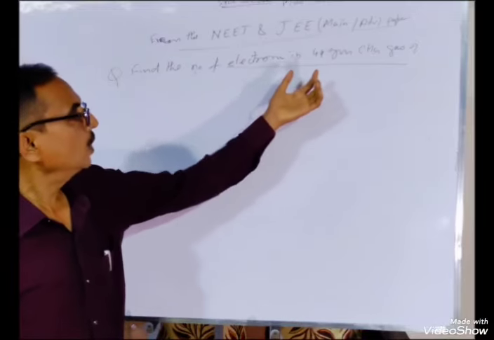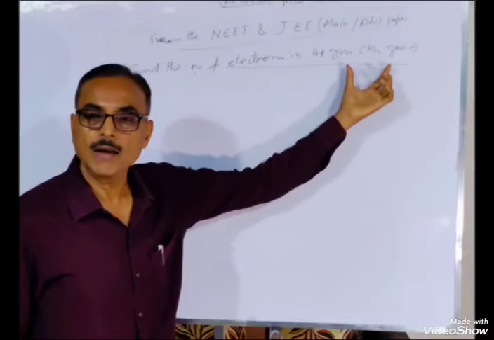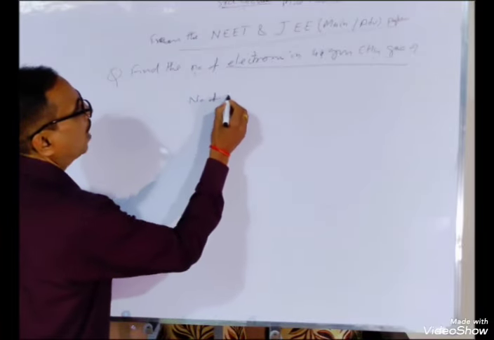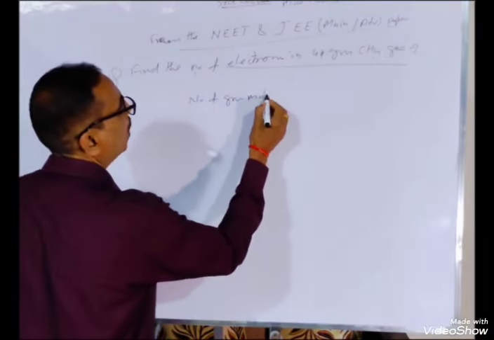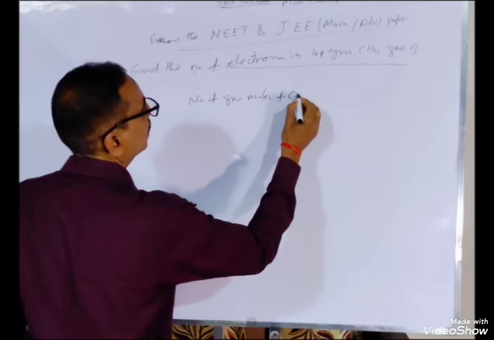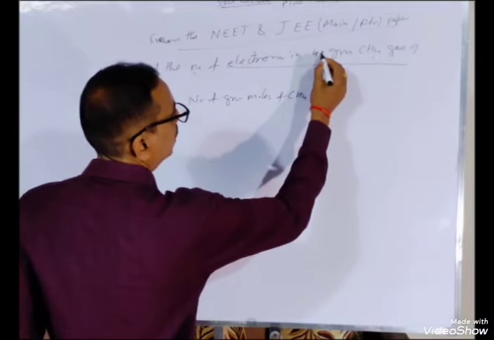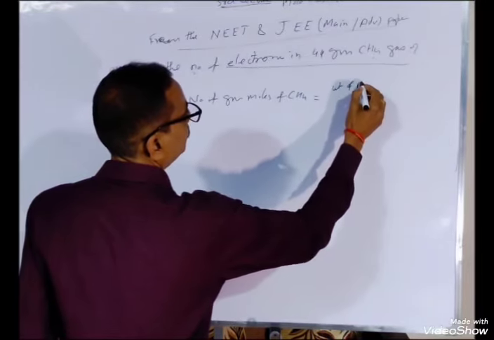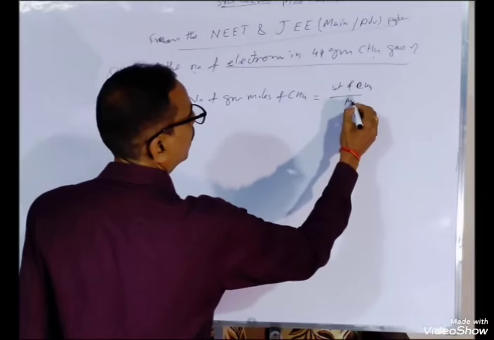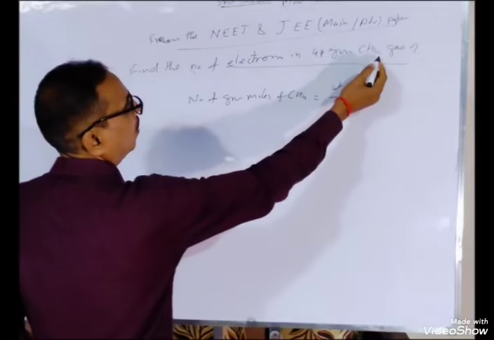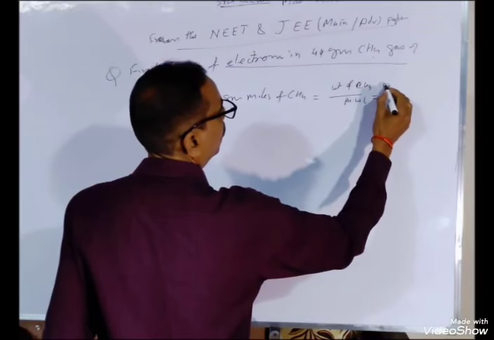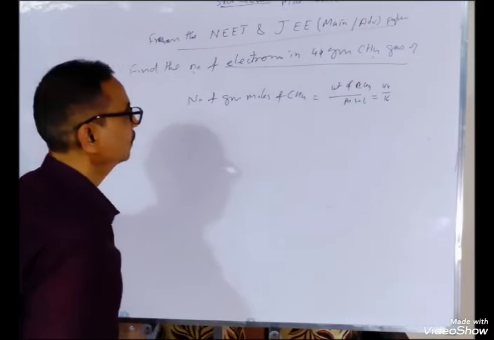First, you calculate the number of gram moles of methane. That is the weight of methane divided by molecular weight. The molecular weight is 16, so 44 by 16.